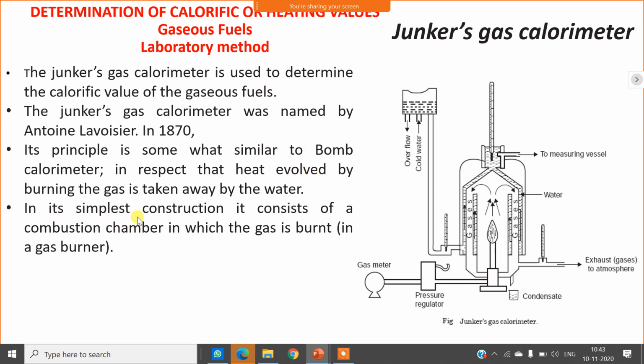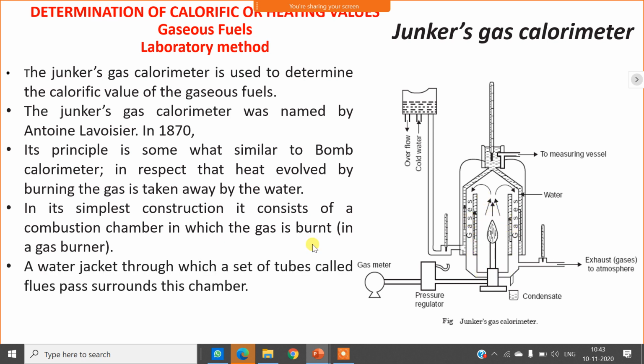In its simplest construction, it consists of the combustion chamber in which the fuel gas is burnt in a gas burner. This portion is called the combustion chamber because here the combustion takes place. A water jacket, through which a set of tubes called the flue path passes, surrounds this chamber.